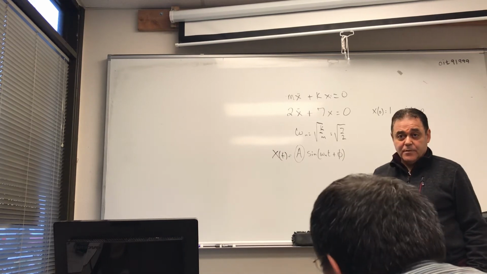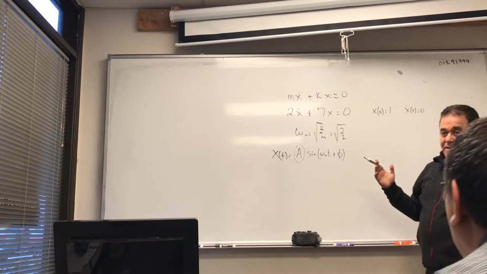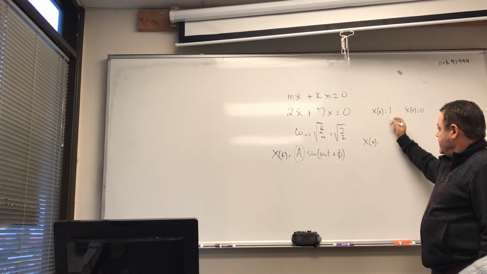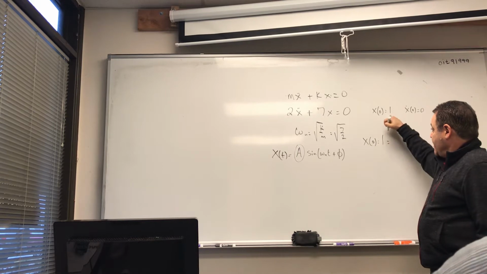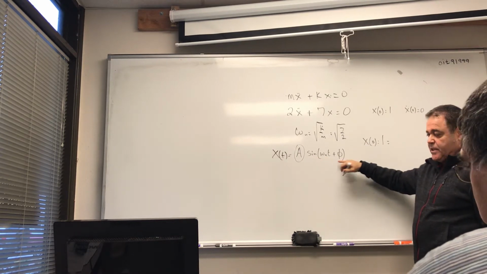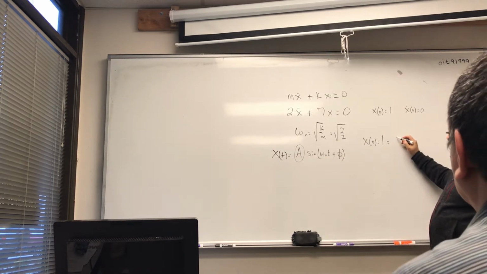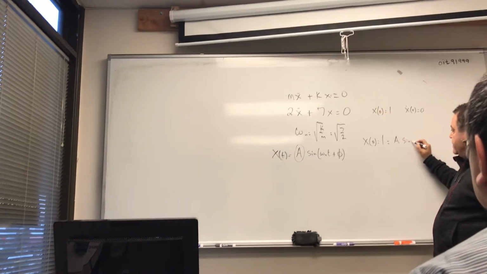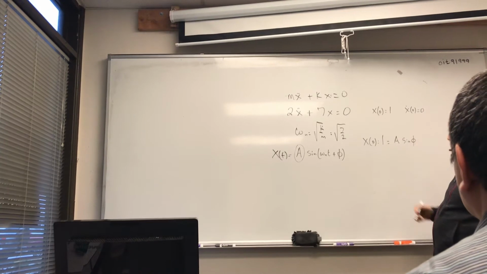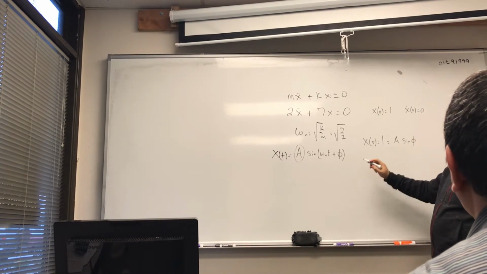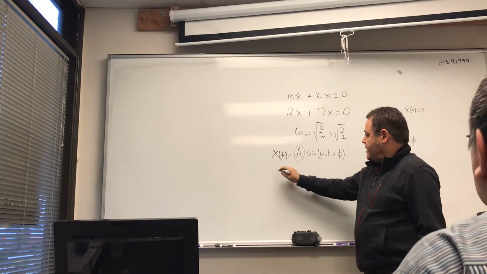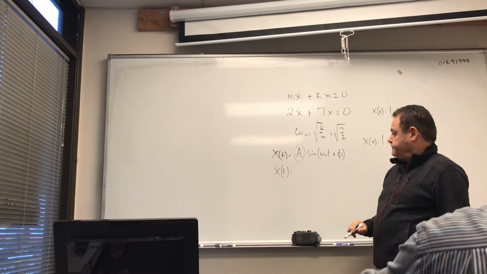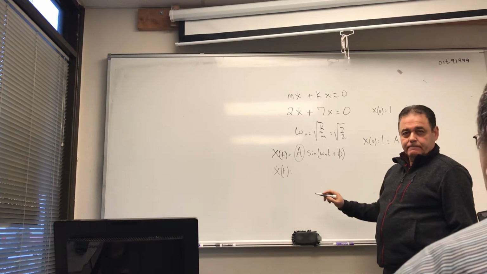How do you find those? Initial conditions. So what is x of 0 equal to? It's 1, but by virtue of this equation it is A sine phi. Then x dot: you have to use the chain rule.